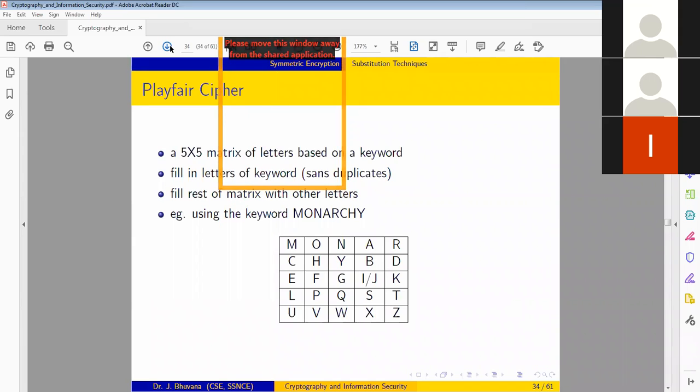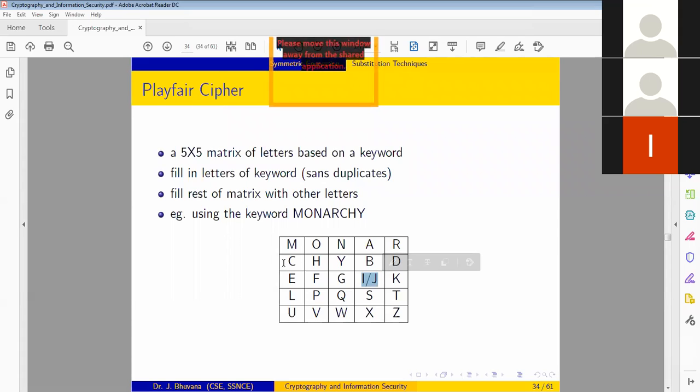In the Playfair cipher, the key that we are going to use in the encryption will be placed in a 5 by 5 matrix. We know that the nearest square matrix that can hold all the 26 characters in the alphabet will be a 5 by 5 matrix, if we are able to have 2 letters in a single cell.